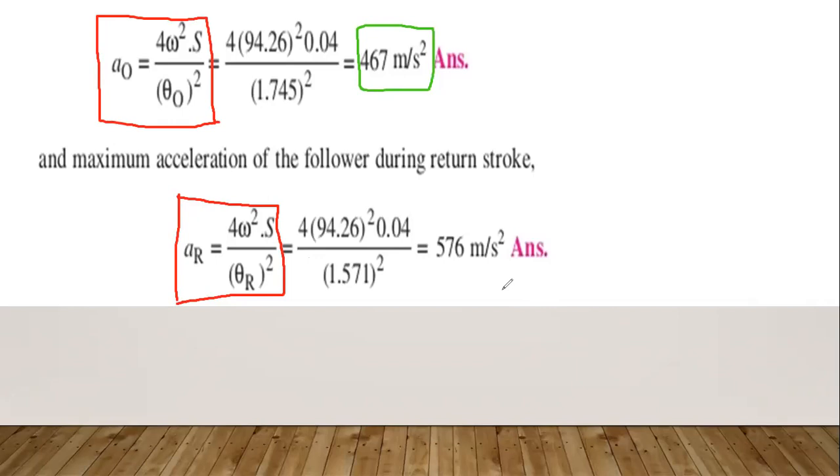We have obtained the acceleration for the return stroke as 576 meters per second square.